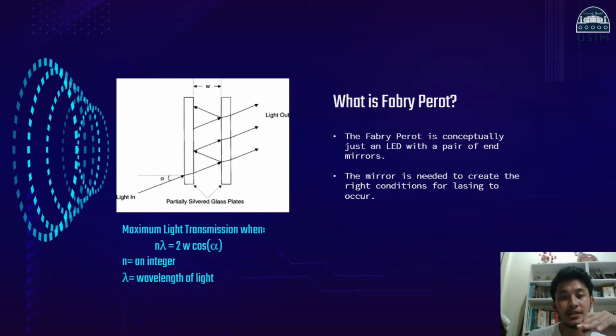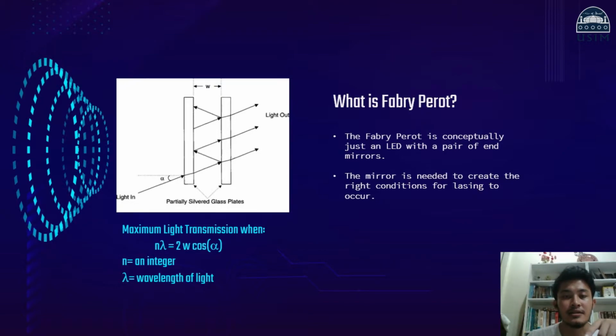Fabry Perot cavity is a standard cavity with two highly reflecting mirrors bouncing the light back and forth, forming the standing wave. And then Fabry Perot is by definition consists of two planar mirrors, but the term is nowadays very frequently also used for resonators with curved mirrors.